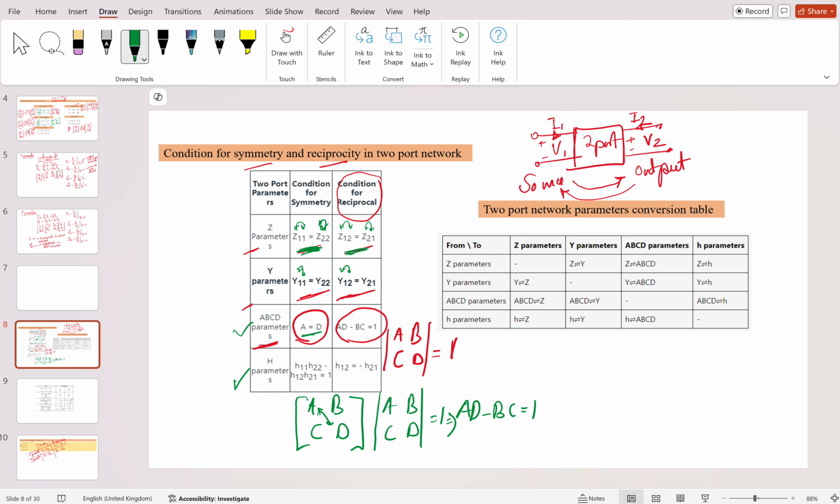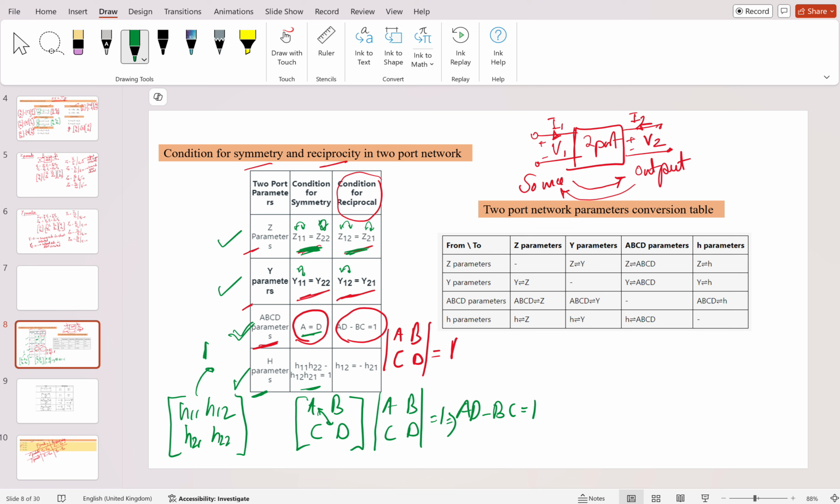Okay, basically, Z and Y you got. ABCD is simple: the diagonal elements are equal for symmetry, and for reciprocity, the determinant of it is equal to 1. For the H parameter, similarly, H11, H12, H21, H22, when you take its determinant, it is equal to 1.